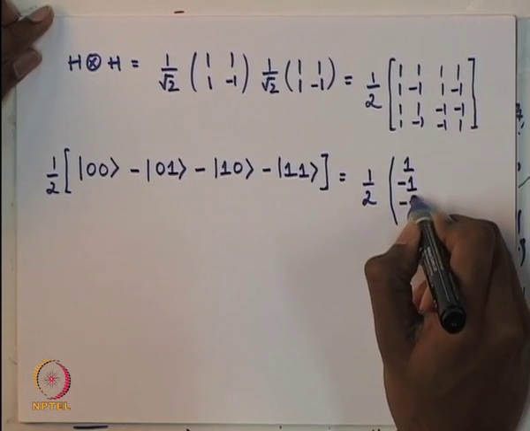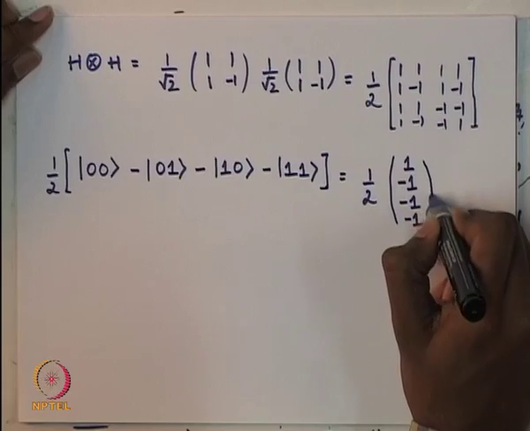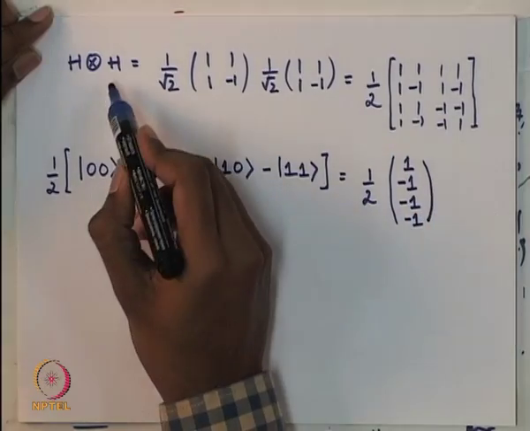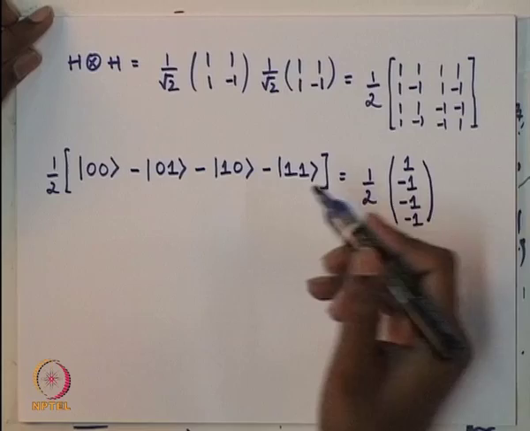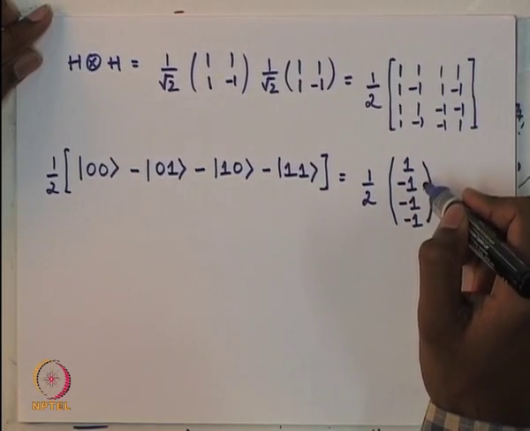So this operator being operated on this state is equivalent to multiplying this matrix with this matrix.